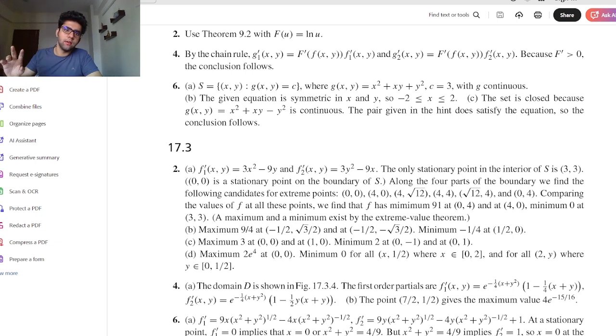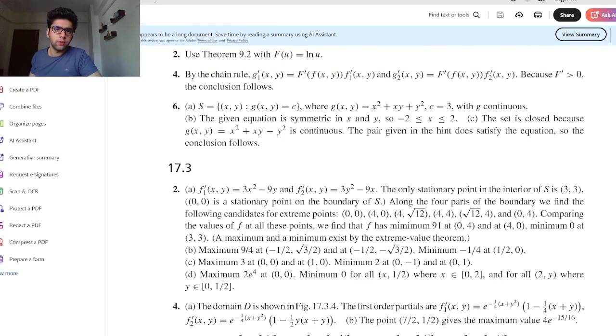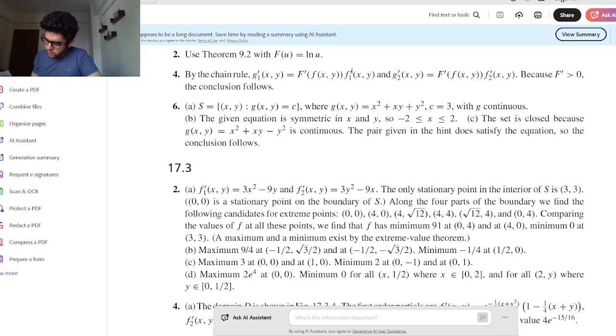Basically, they give the answers to the odd questions at the back of the book, and for the answers to the even questions, I had to download a PDF. That's why I was sharing the PDF with you guys. Earlier we were doing question 2, so that's why I was opening the PDF and showing you guys. I don't have the answer to question 3 in this PDF, but it's written at the back of my book. Let me just check.